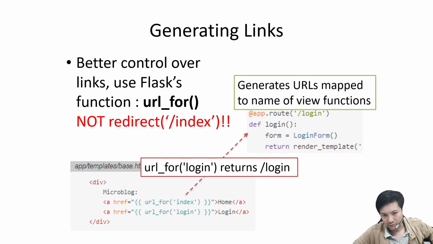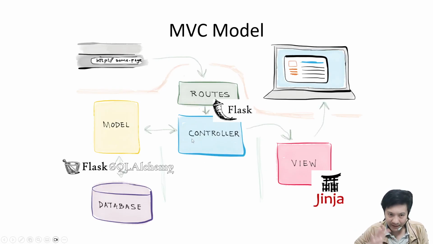So we just use the function called url_for, and then put the route value. The route value is here. You see this so-called route, and you define the route login, and then login here. It will generate a URL for your user dynamically according to your server situation, server setup.